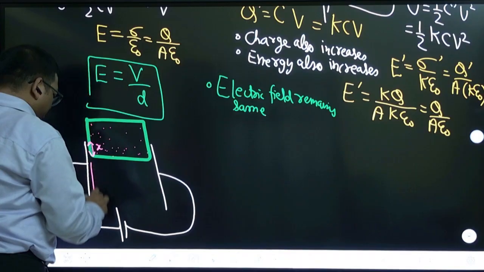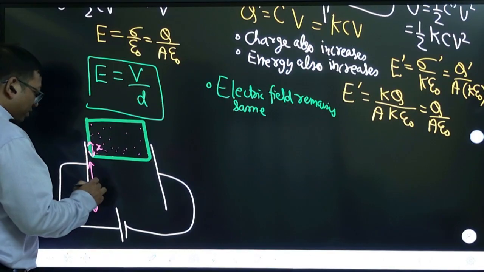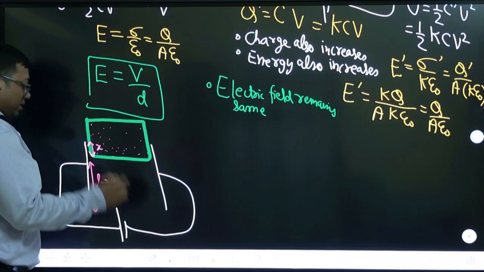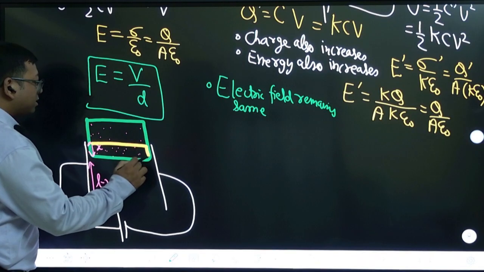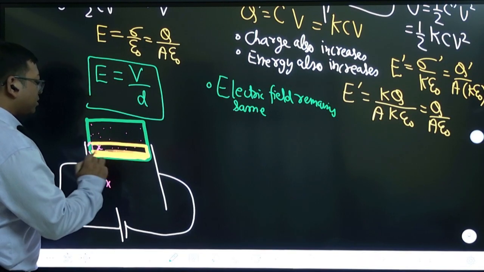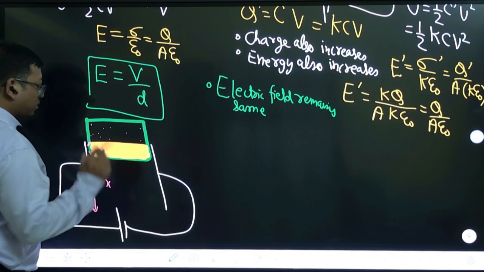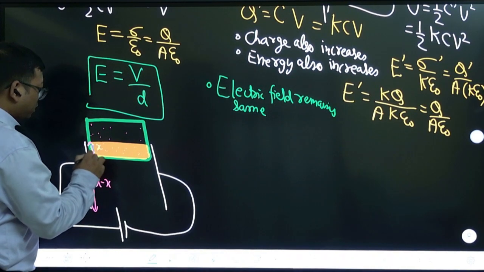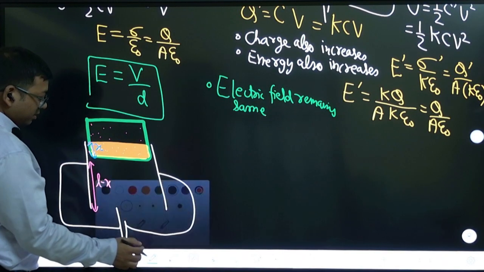So let us say the length is L, so L minus X is not inserted, and only the X portion is inserted. You need to consider only this much portion inserted.